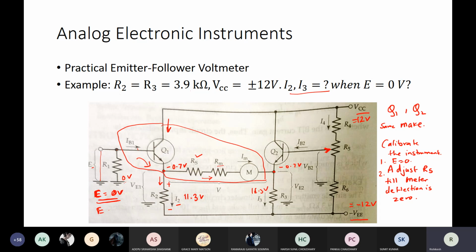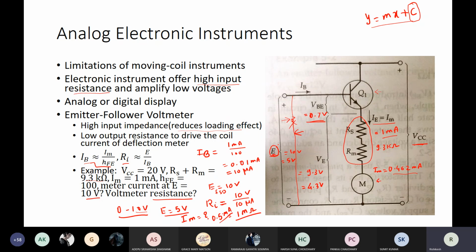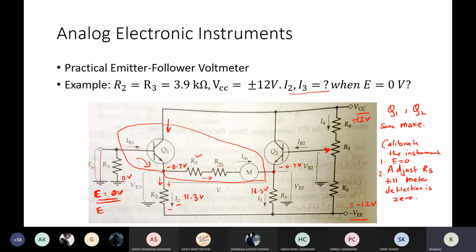Now previously, when E was applied here, the voltage across the meter was how much? E minus 0.7, isn't it? But in this case, when we apply E, what will be the potential at this point when E is applied?